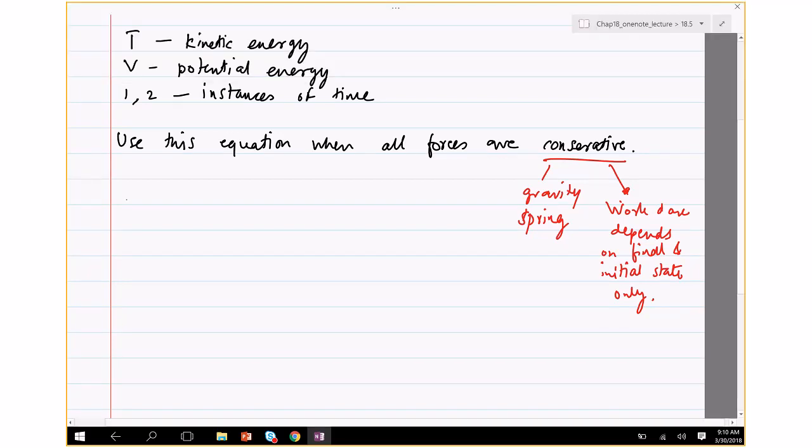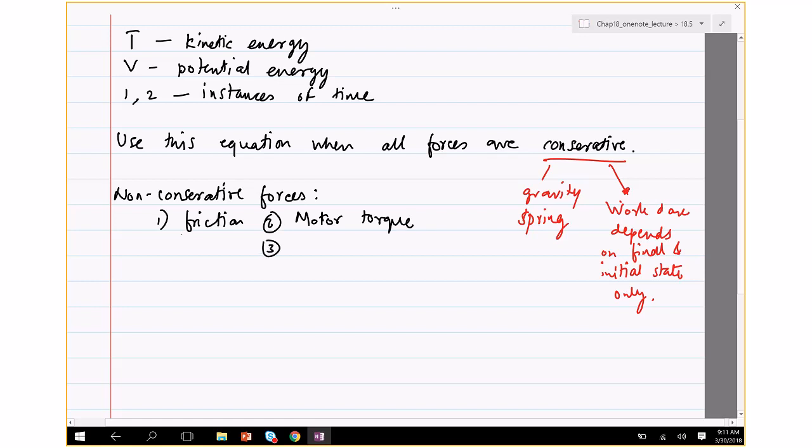Okay, and you might want to know the non-conservative forces. They are: 1, friction, 2, there could be a motor supplying a torque, motor torque, linear external force.